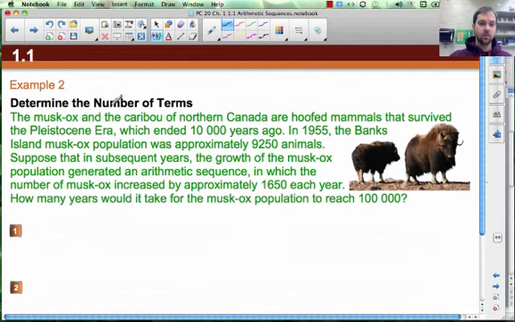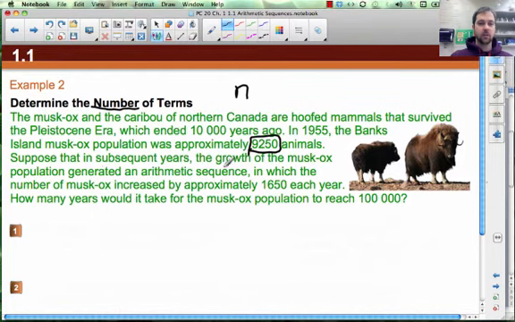Determine the number of terms. So this time, we will be searching for the variable n. The musk ox and the caribou of northern Canada are hoofed animals that survived the Pleistocene era, which ended 10,000 years ago. So in 1955, the Banks Island musk ox population was approximately 9250.